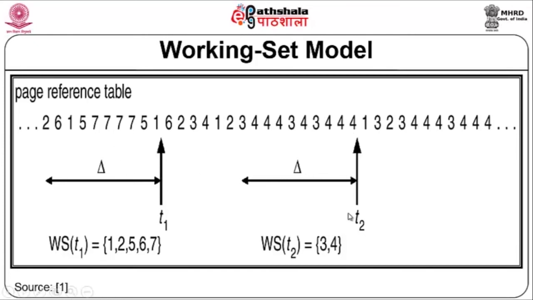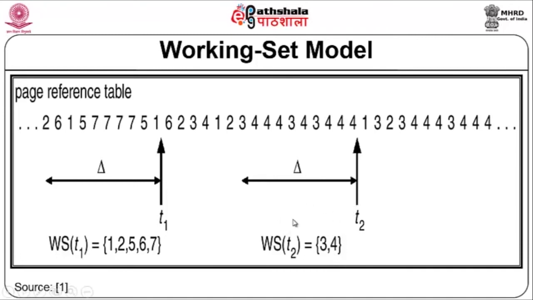But at time t2, the last 10 references have been made only to pages 3 and 4. So, the working set at time t1 comprises 1, 2, 5, 6 and 7, and hence the working set size is 5. At time t2, the working set comprises only 3 and 4, and hence the working set size is only 2.